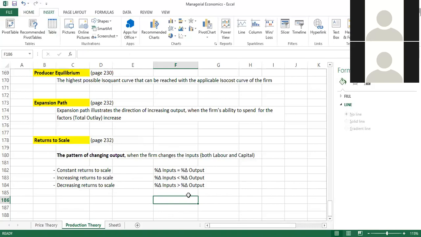In which stage can we see the increase in return to scale? At the initial level or at a very large level?